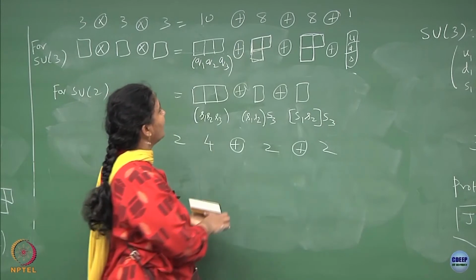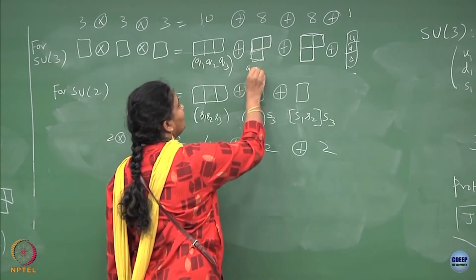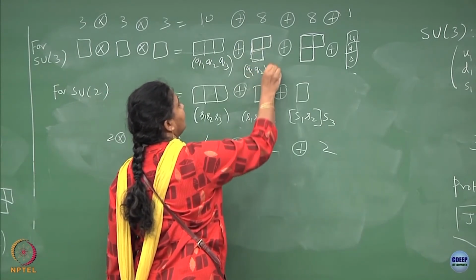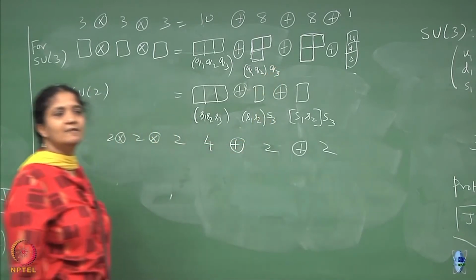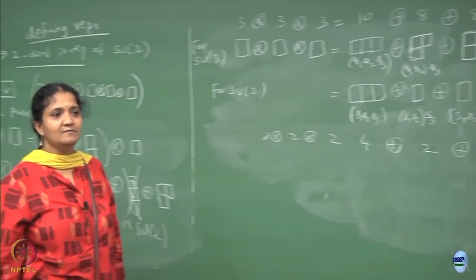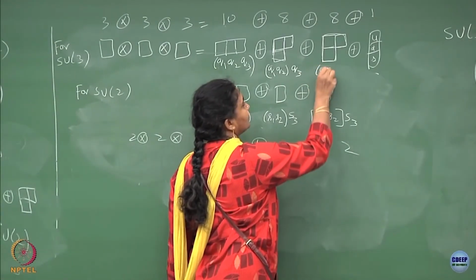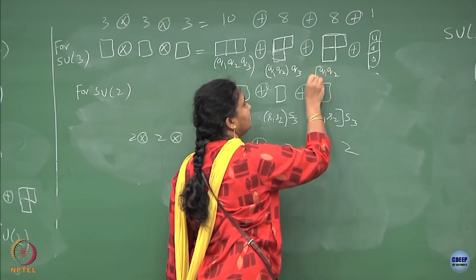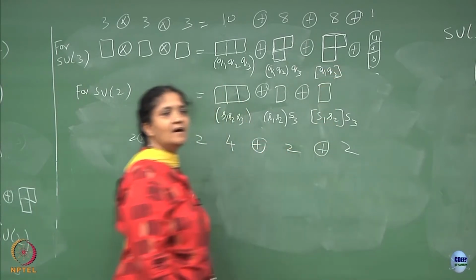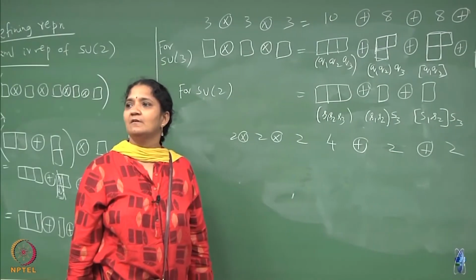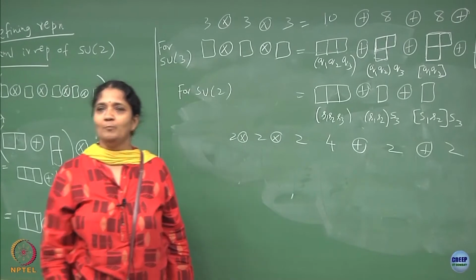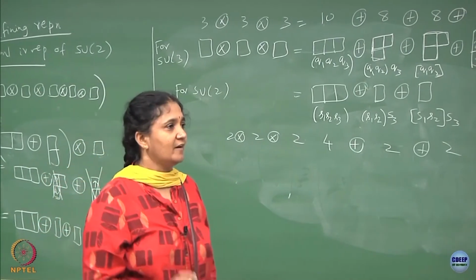Okay. So, you can write this as, Q1, Q2 is symmetric and Q3 has no symmetry. Similarly, here you can say Q1, Q2 is antisymmetric. Antisymmetric, I am denoting it by a square box. You all know by now what is antisymmetric, symmetric, right.